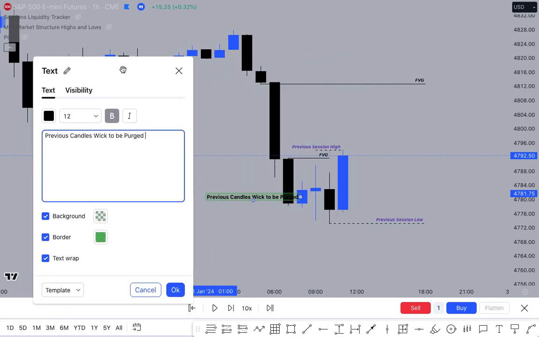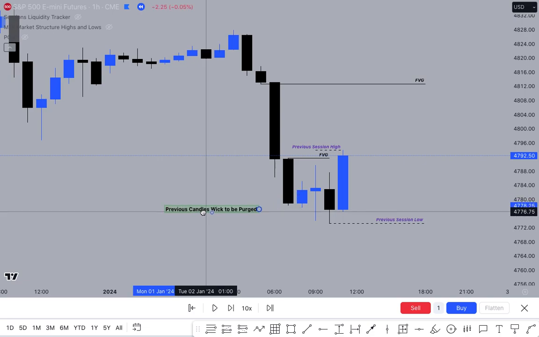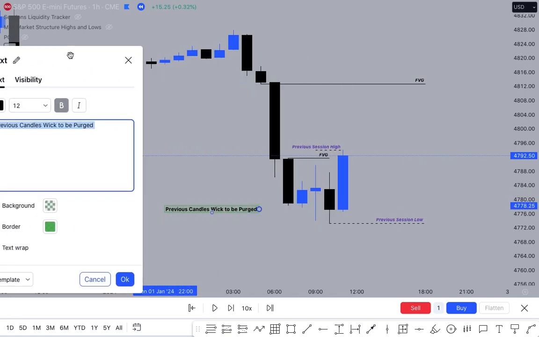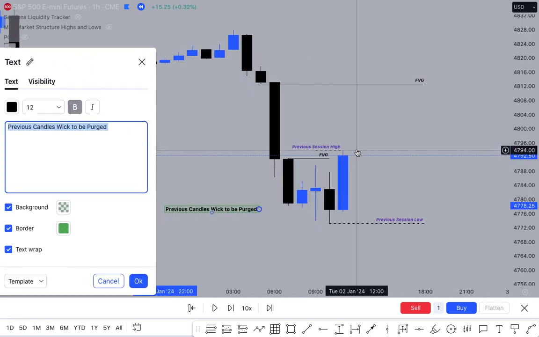Once we see this area here, let me just pull that there. Once we see this area here purged and a confirmation by a candle, a full body closure below this candle, we can then start to look for a sell trade.